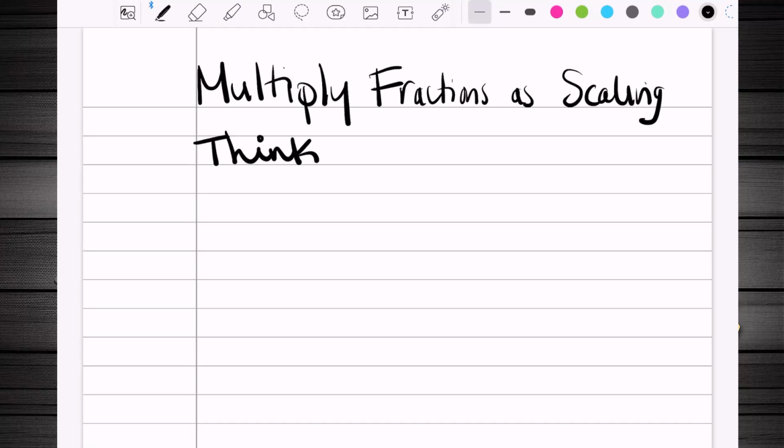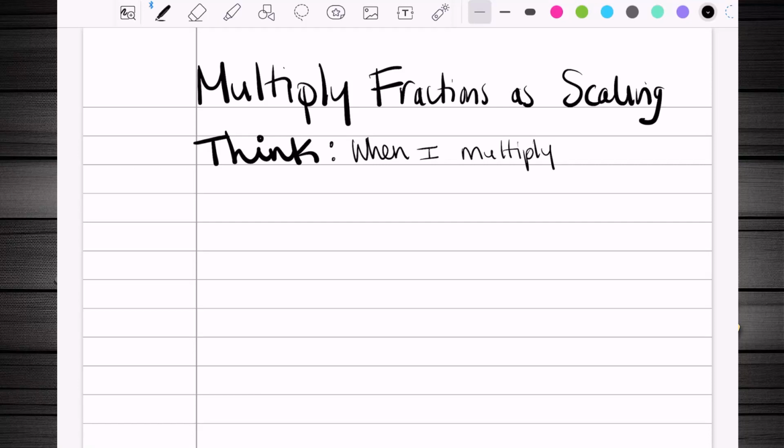So when we're multiplying fractions, I want you to think, when I multiply fractions, will my product be greater than, less than, or equal to the factors?